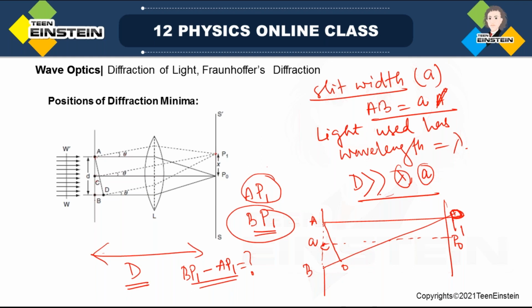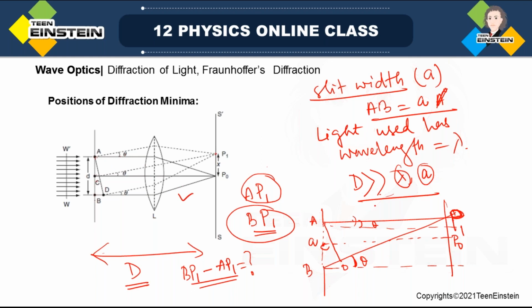Again, we have seen these rays are at angle theta. Both the rays are at theta angle with respect to this perpendicular bisector, or horizontal. That is how you see it in this figure.